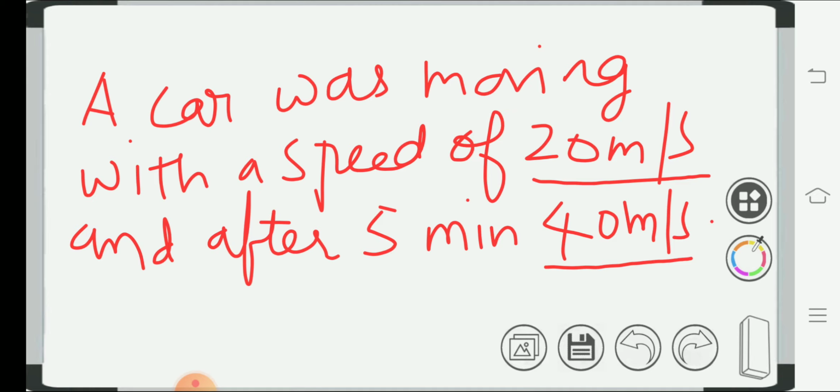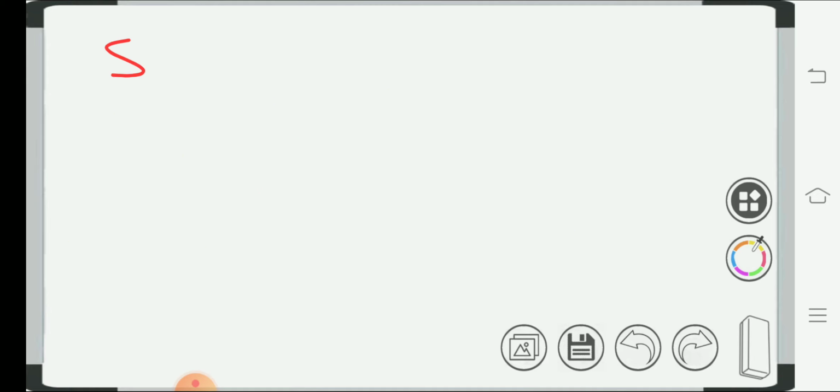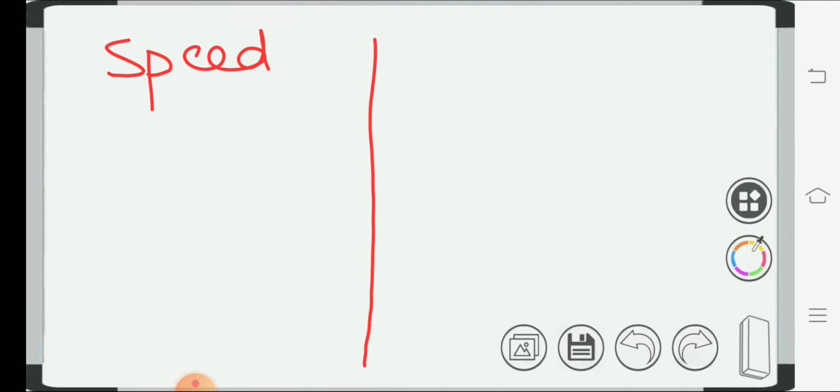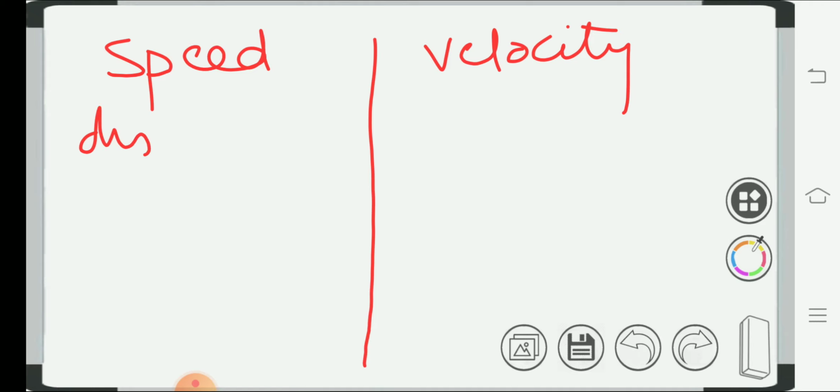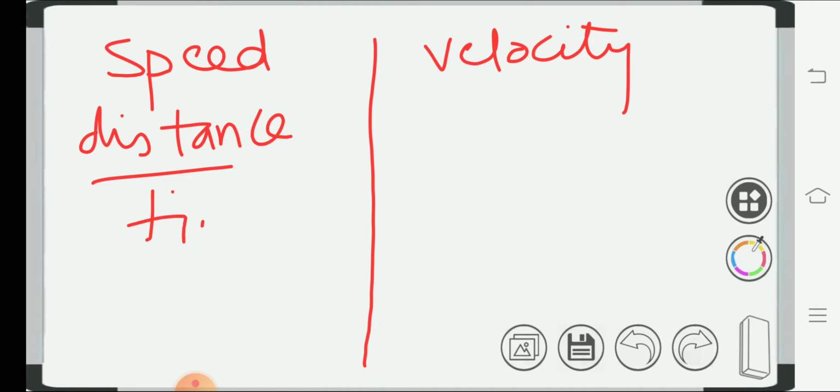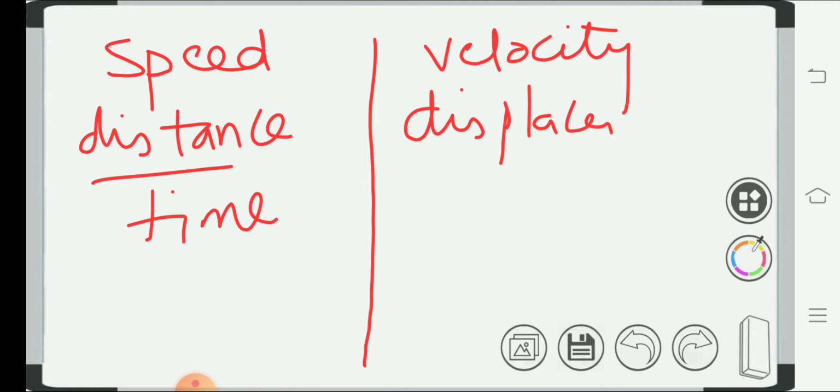So this is the difference between speed and velocity. What is the difference between speed and velocity? Speed is defined as distance per unit time, and velocity is actually displacement. Distance with direction is displacement, so velocity is displacement upon time.